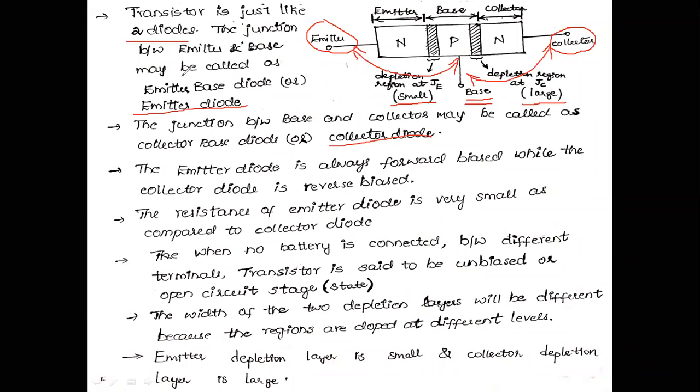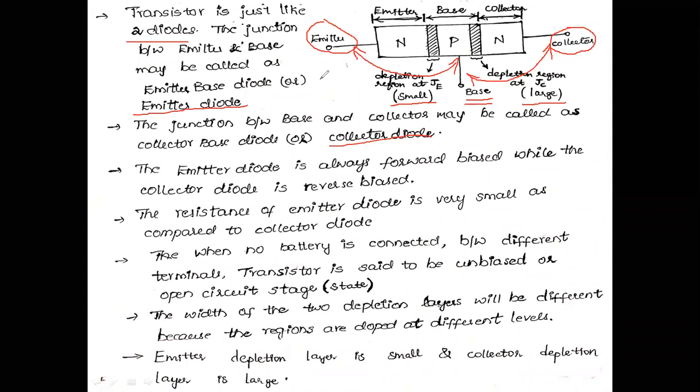That emitter diode is in between the layers emitter and base, whereas the collector diode region is between collector and base. Next, the emitter diode is always forward biased.